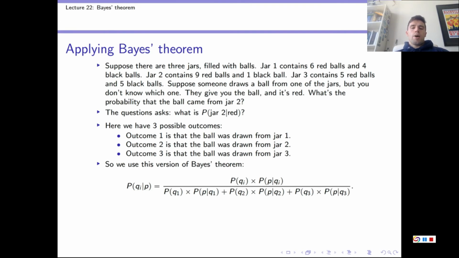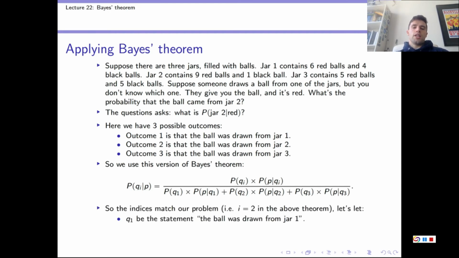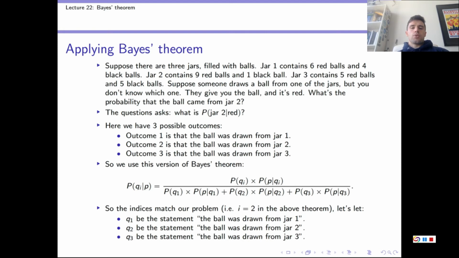We're interested, remember, in the probability that the ball came from jar 2 given that the ball is red. So to label things, let's let Q1 be the statement the ball came from jar 1, Q2 be the statement the ball came from jar 2, and Q3 be the statement the ball came from jar 3. And P, of course, is the statement that the ball is red. Now we can start calculating.